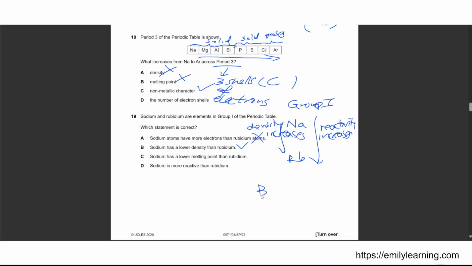So B is correct. Sodium has a lower melting point than rubidium. This is not true. As you go down, your melting point decreases. So D, sodium is more reactive than rubidium. This is not true. Rubidium is more reactive than sodium. So this question tests you on your knowledge of the trends as you go down group 1.